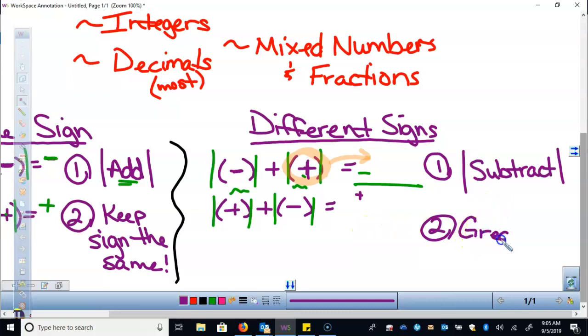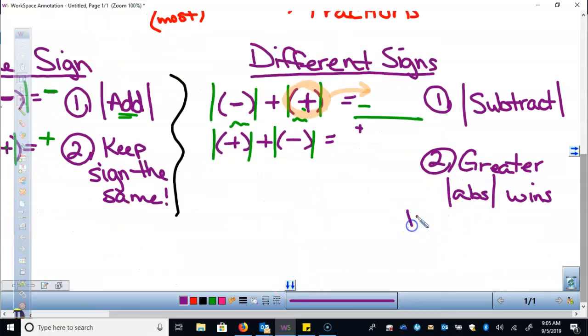So the greater absolute value essentially wins the sign of the answer. So you're looking for which absolute value number is greater, and that's going to tell me if the answer is a negative or a positive.